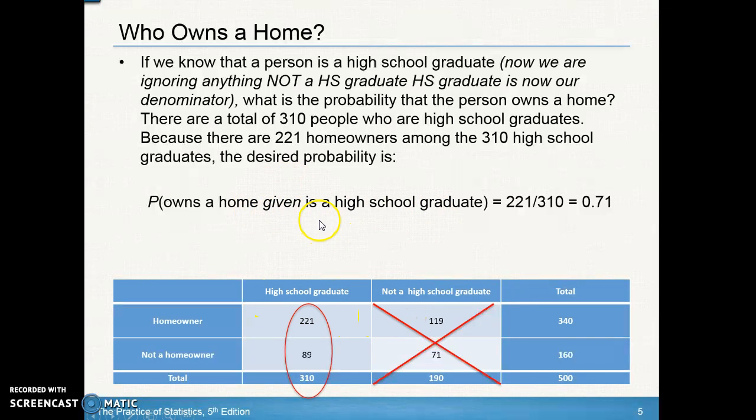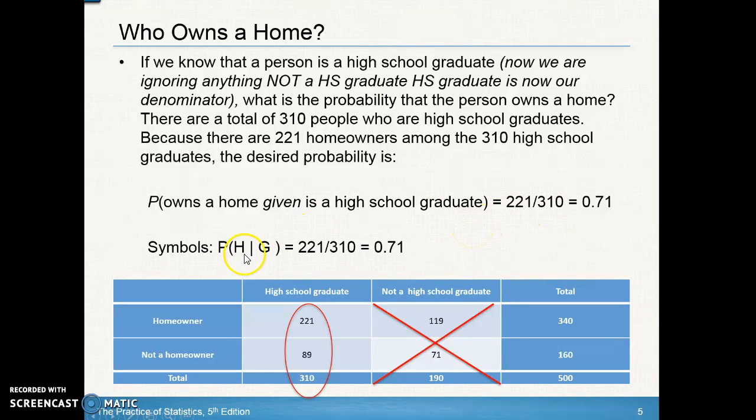So basically since we know they're a high school graduate, we're crossing out everybody that's not a high school graduate, and now we're just looking at the total of high school graduates, which is 310. Owns a home, given it's a high school graduate, the new denominator is now 310 because there's only 310 that are high school graduates. 221 of those own a home.